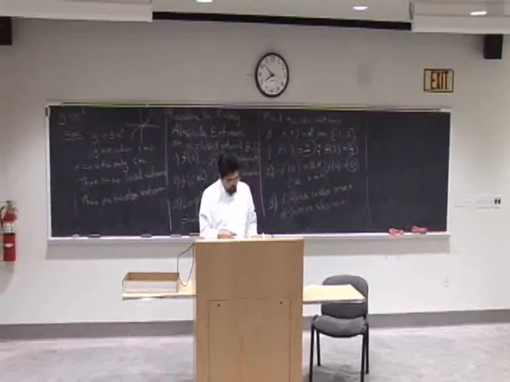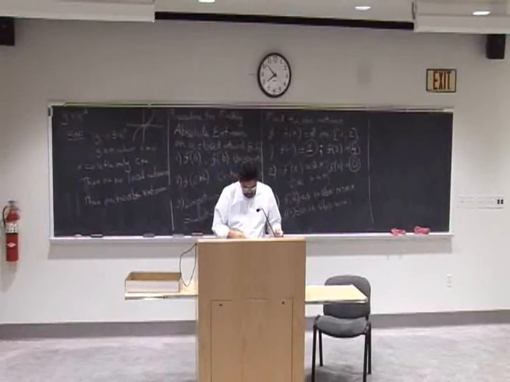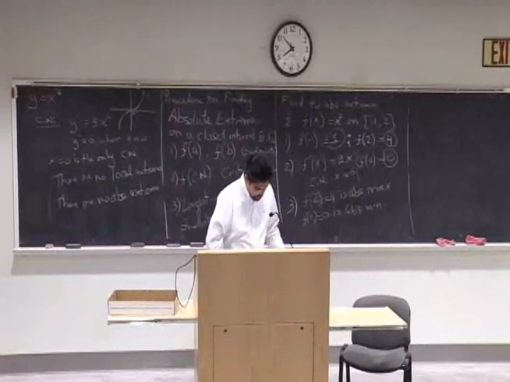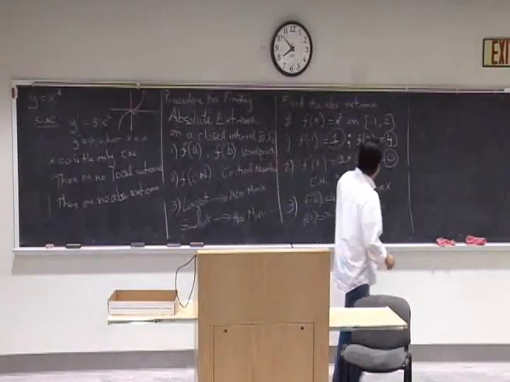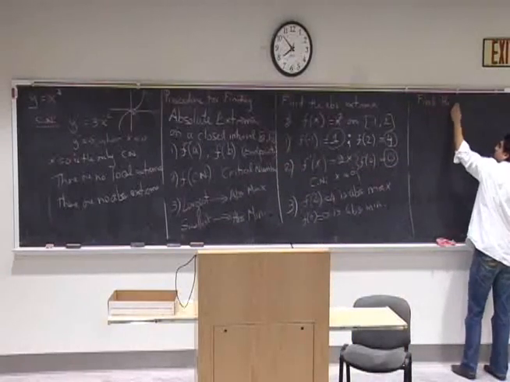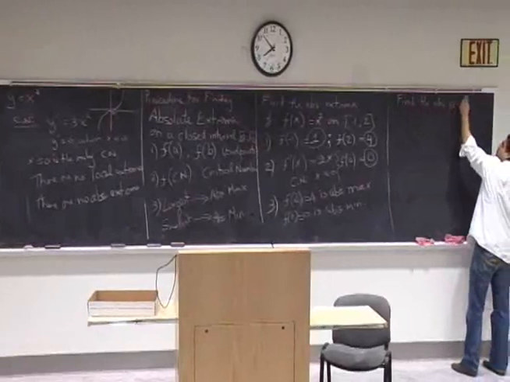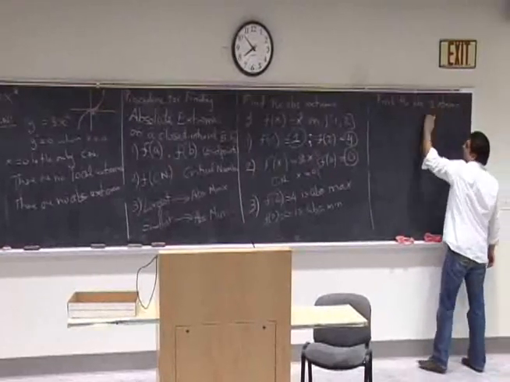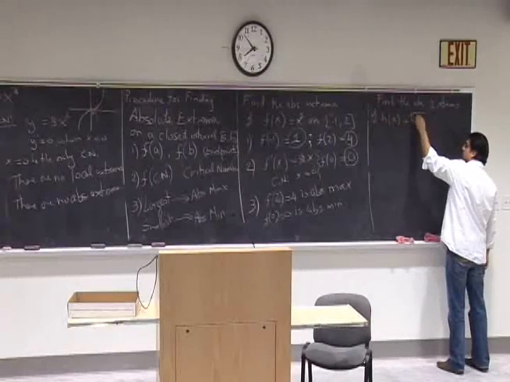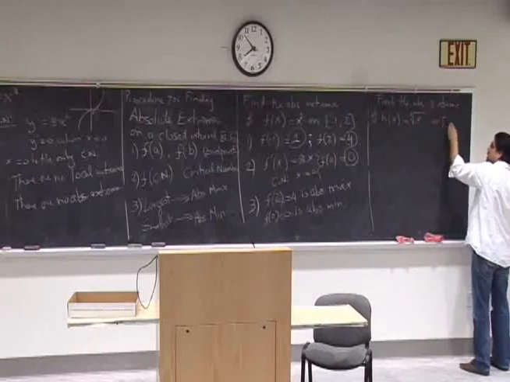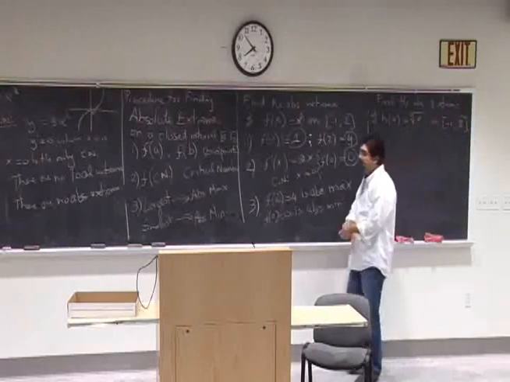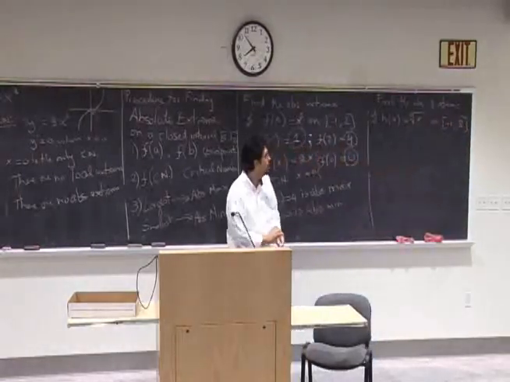Let's take one more example. h of x equals the cube root of x. So find the absolute extrema of h of x equals the cube root of x on the interval negative 1, 8.